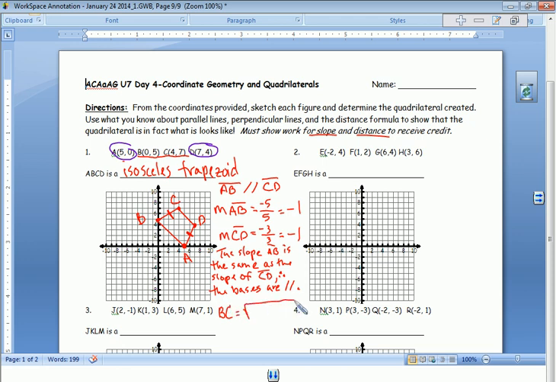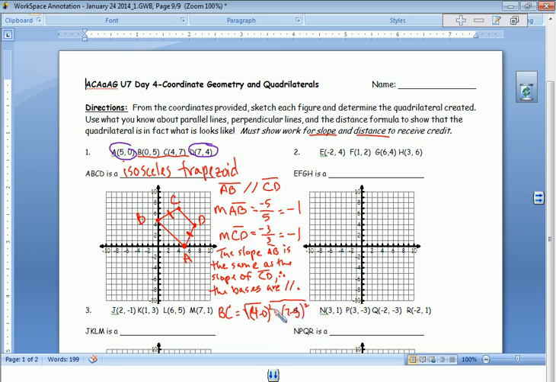Okay, so let's do, we'll let this be x2. So we'll do 7 minus 5. Oops, I'm not starting with BC, am I? Okay. So 4 minus 0 squared plus 7 minus 5 squared.